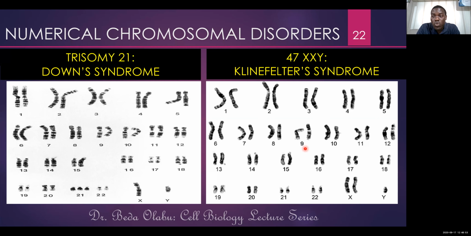And if there is no Y chromosome, it means genetic female. It does not matter whether you have X chromosome or not. As long as there is no Y, you are female genetically. And if there is Y, you are genetically male, even if you have 10 extra X chromosomes. So this person is genetically male.